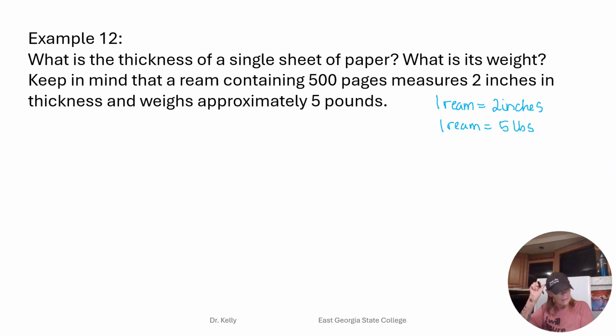Right? And we need to know weight. We need to know pounds per page. So here we're looking for pound per page. That's what that rate we're looking for here. We're going to look for thickness, or inch per page, I guess. Let me write it that way.